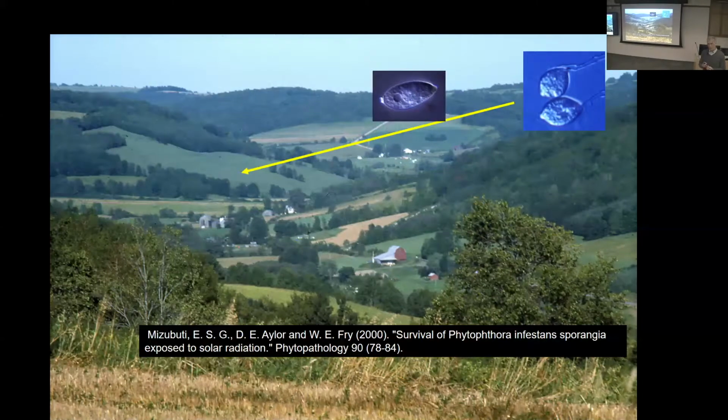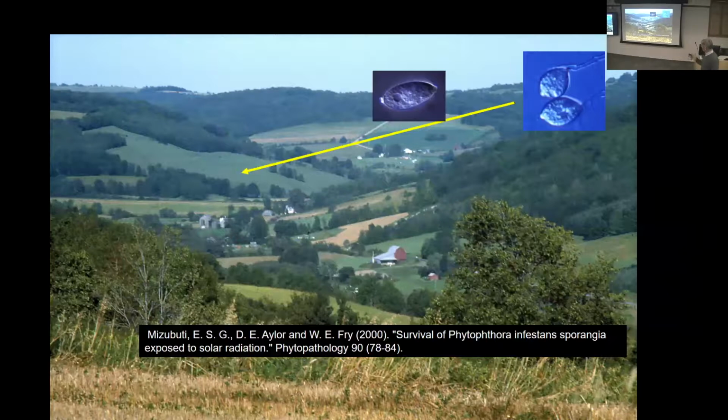The reason I think that is that we had previously seen some suggestions. The first suggestion came with work done by Eduardo Mizubuti. And Eduardo's interest was in the sensitivity of sporangia to solar radiation.